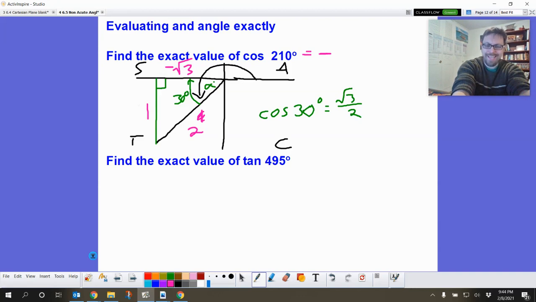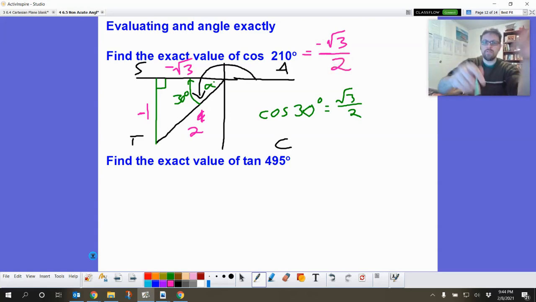But this one is negative because it's going to the left, and that one's negative because it's going down. So we should just be able to do our trig stuff. Square root of 3 over 2. Negative square root of 3 over 2. So it's the same. Cosine of 30 degrees is going to be the same as the cosine of 210 degrees. You slap a negative on the thing. Oh, cool.